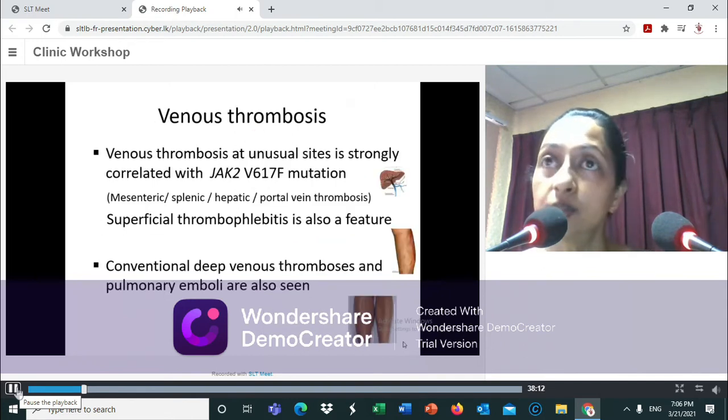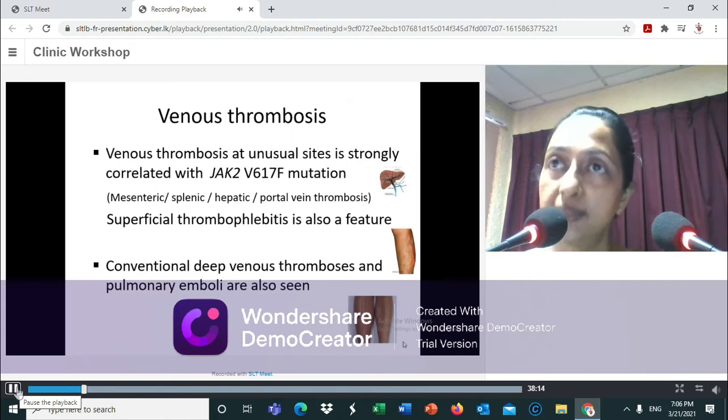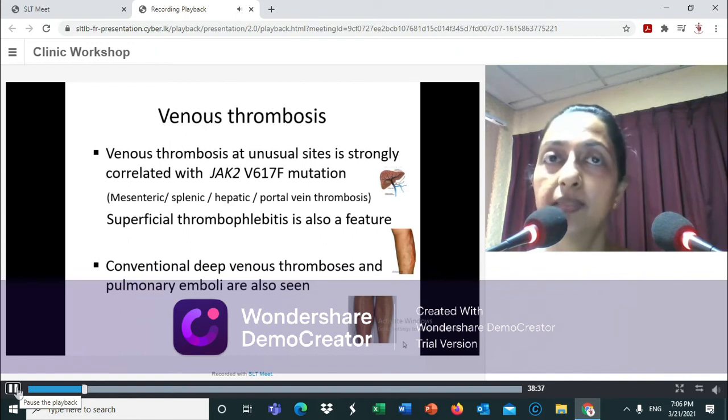Venous thrombosis at unusual sites is strongly correlated with the presence of the JAK2 V617F mutation. Superficial thrombophlebitis is also a feature of polycythemia vera. Conventional DVT and pulmonary emboli are also seen in these patients. So anybody coming with this sort of thrombosis, your differential diagnosis has to include polycythemia vera.